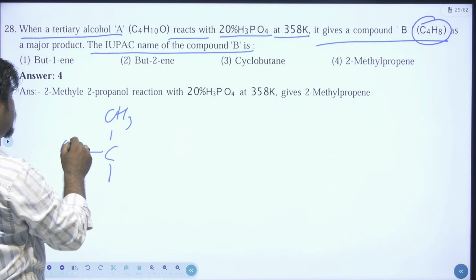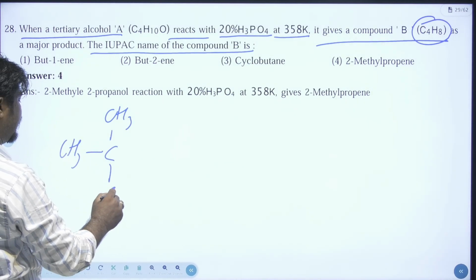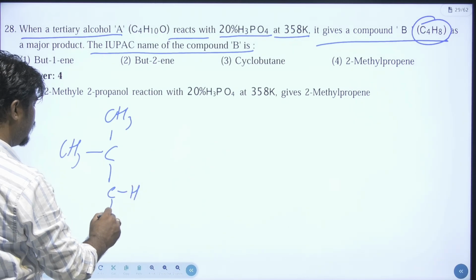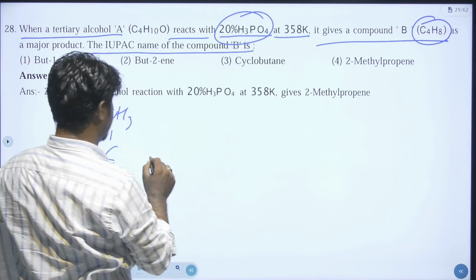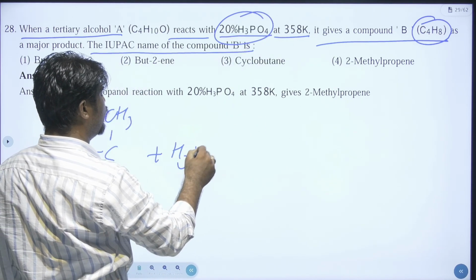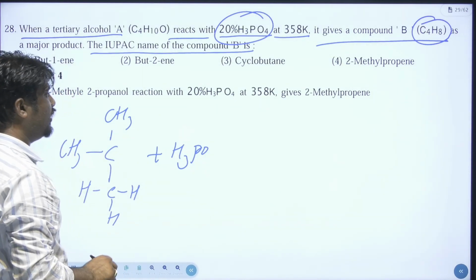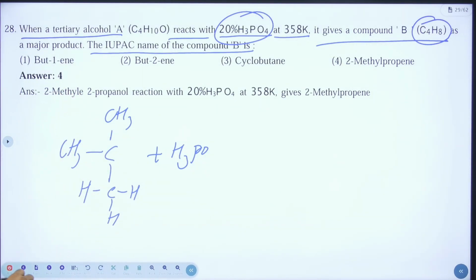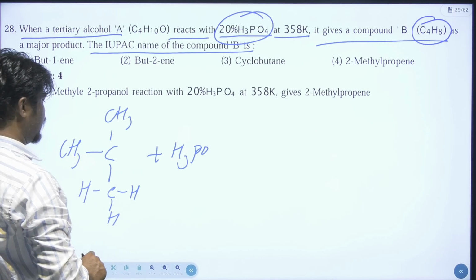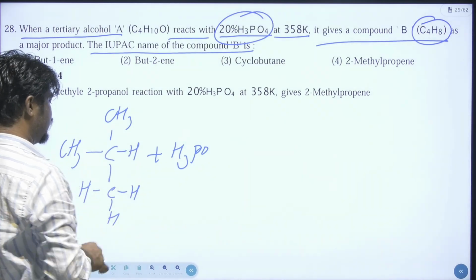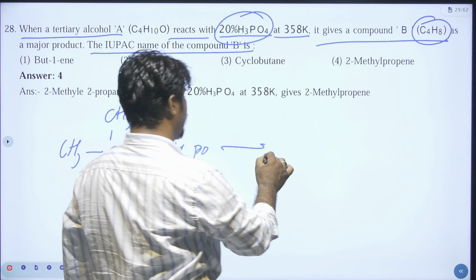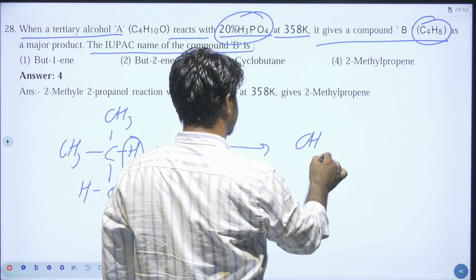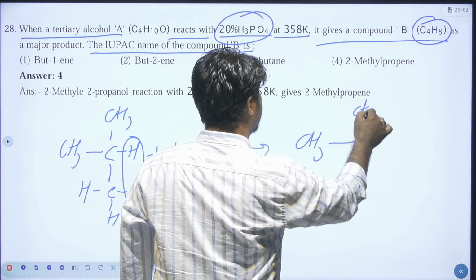When it is treated with H3PO4, it removes the water, resulting in the formation of an alkene.